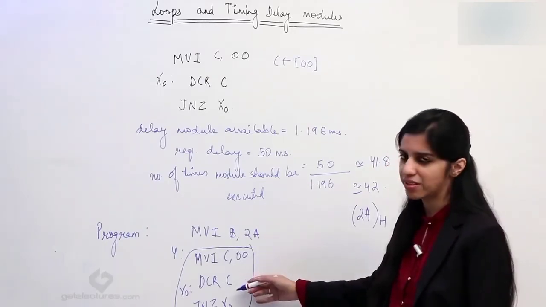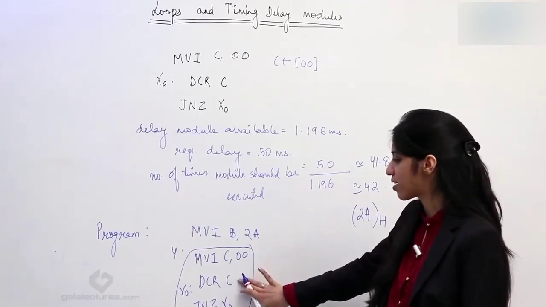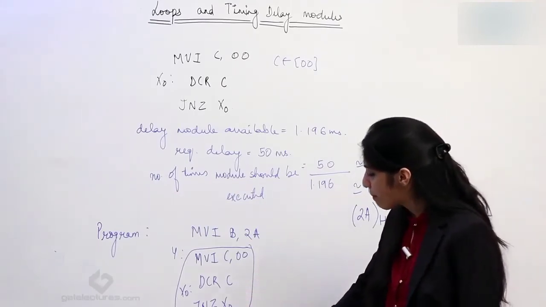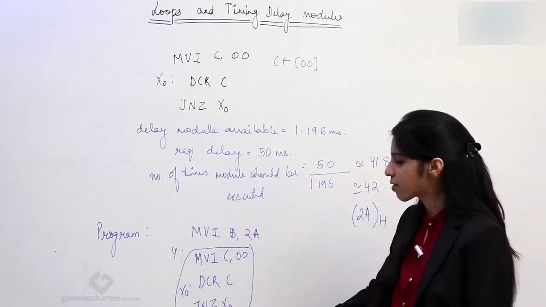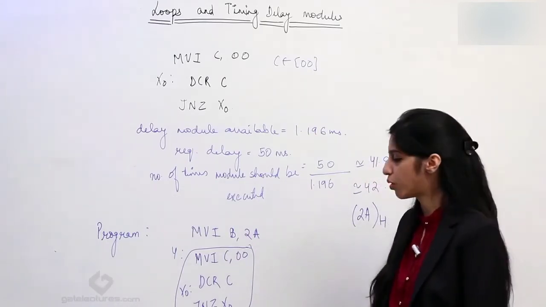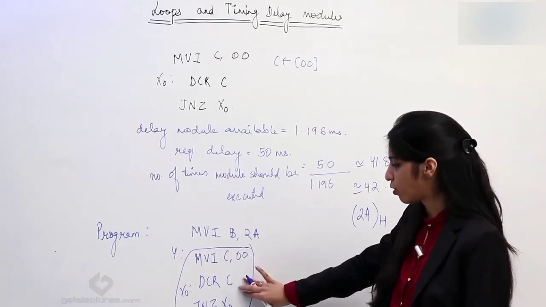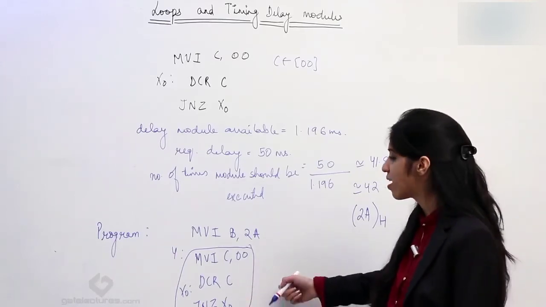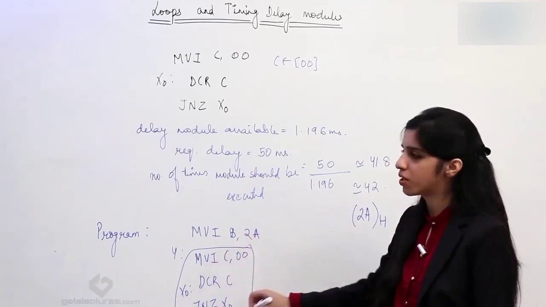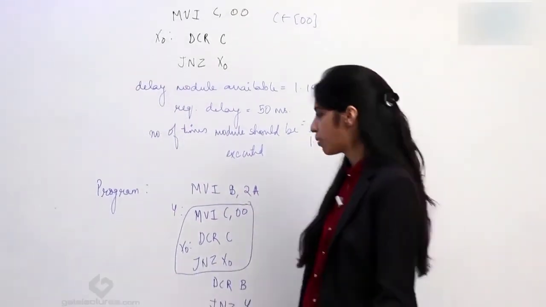Combined, they are some 7 to 10 T states, which is not going to make a lot of difference. So you can just focus on this timing module, which is producing 1.196 milliseconds, and see how many times it needs to be run to produce a total delay of 50 milliseconds.